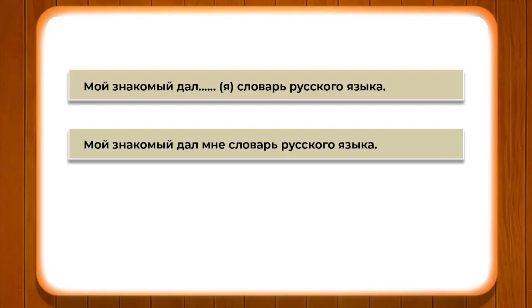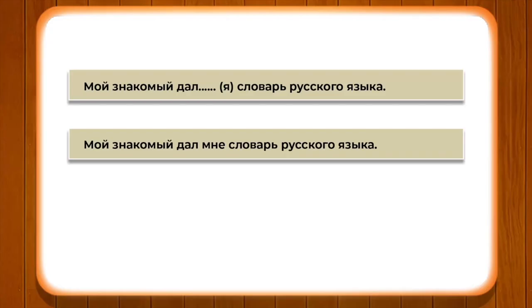So, мой знакомый, my acquaintance, gave me a dictionary of the Russian language. Here in this case we have seen the usage of dative, дал мне, and словарь русского языка, genitive. So, here you can see how two different cases are being used in this example.